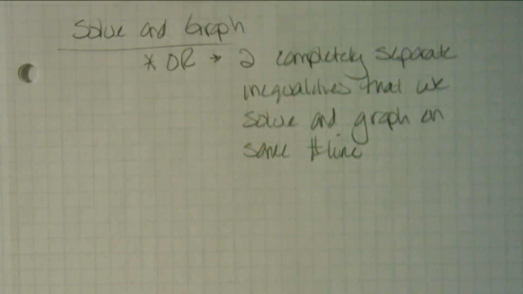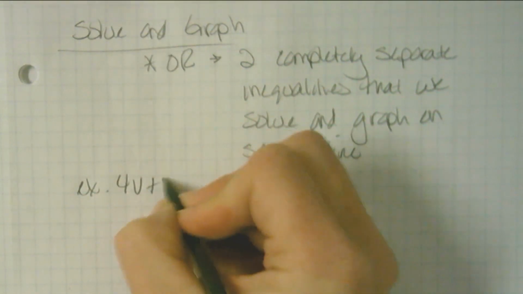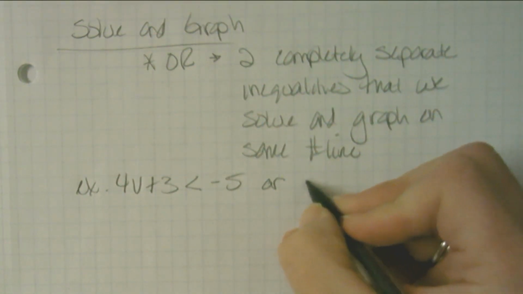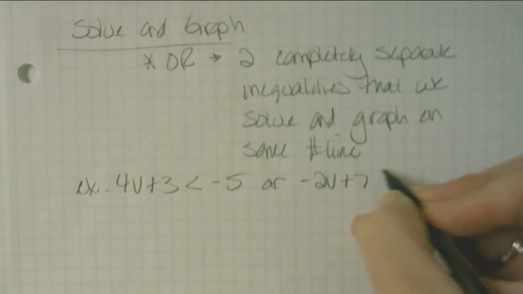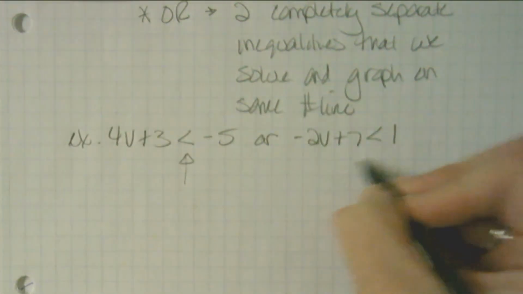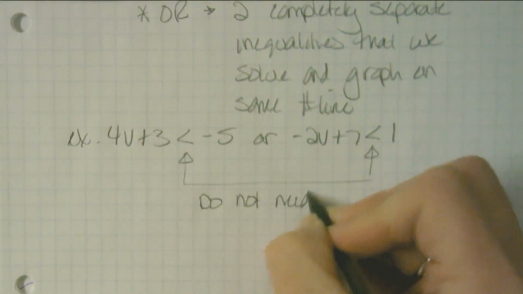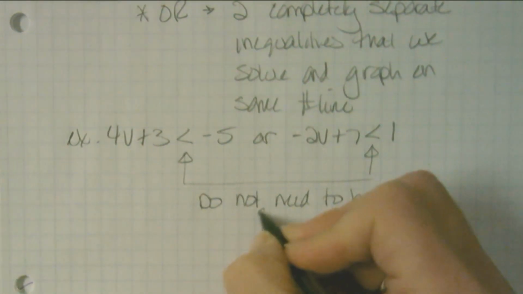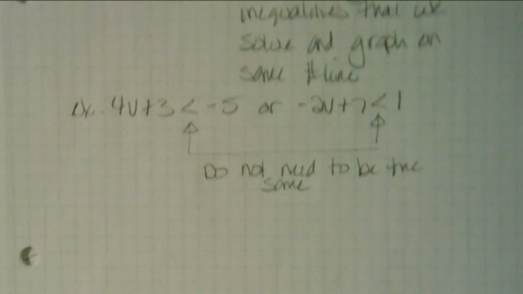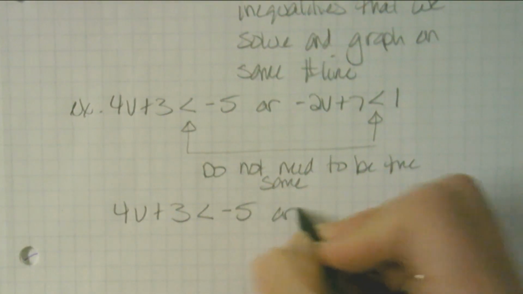So let's solve something like 4v plus 3 is less than negative 5, or negative 2v plus 7 is less than 1. All right, first of all, these two inequality symbols do not need to be the same. They are both completely individual from each other. So I want you all to go ahead and solve both of these, please, and then graph your solution.